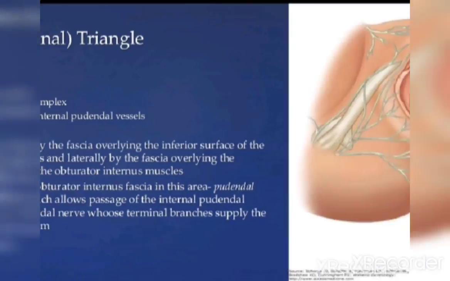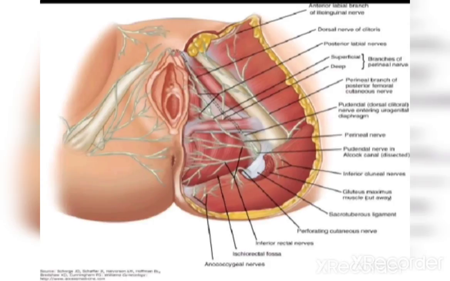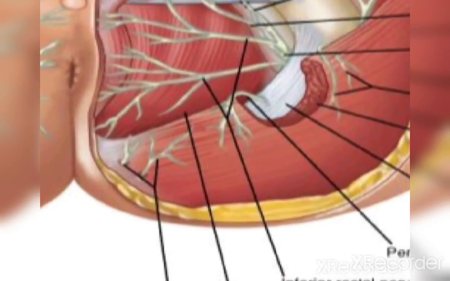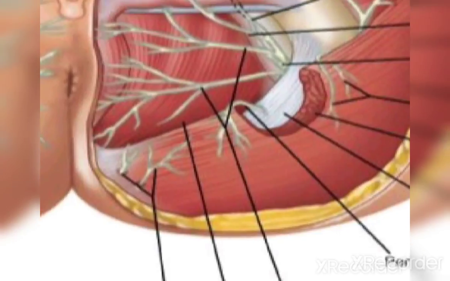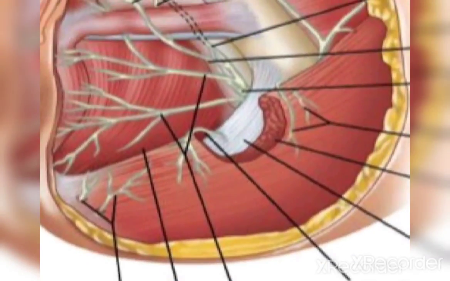So here you can see the various pudendal branches, labial branches. One by one we can see the anococcygeal nerve. Ischiorectal fossa, then inferior rectal nerves.